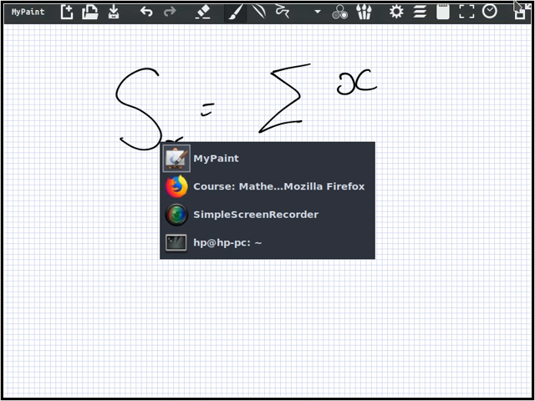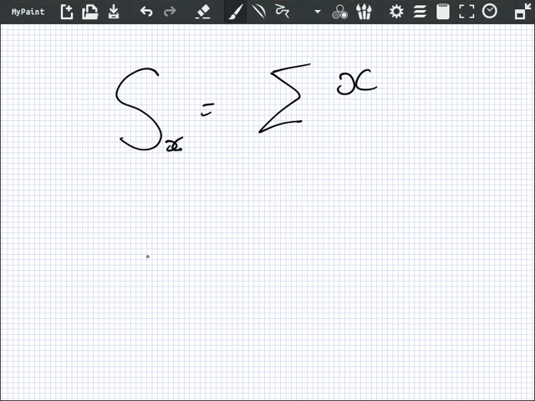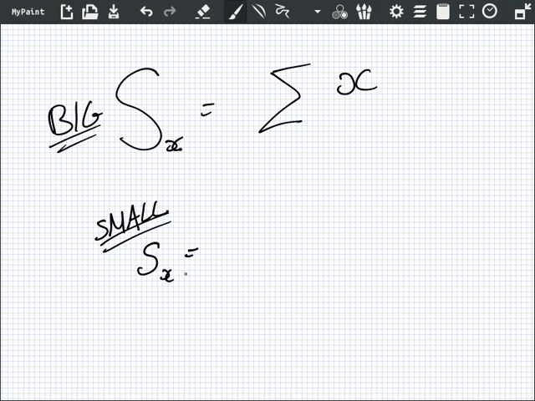So, for example, Angela, what is Sx here, the formula they give you? Just again to emphasize, this is small Sx, not big Sx, which we did in class. So what is it?